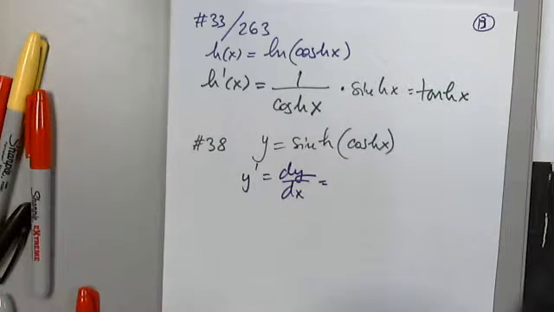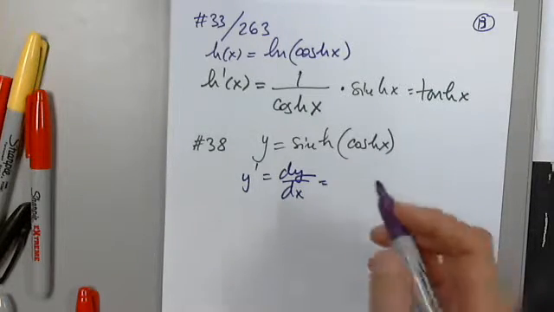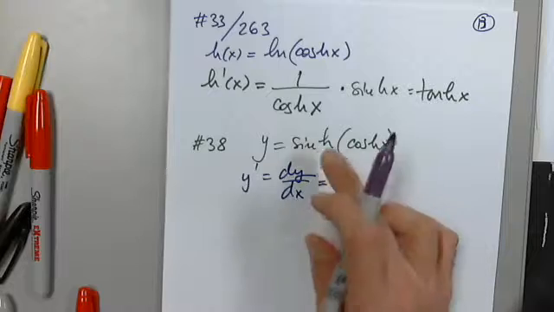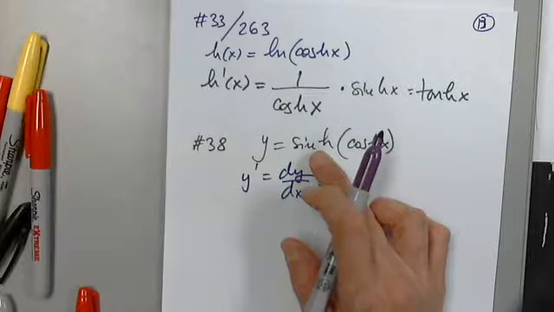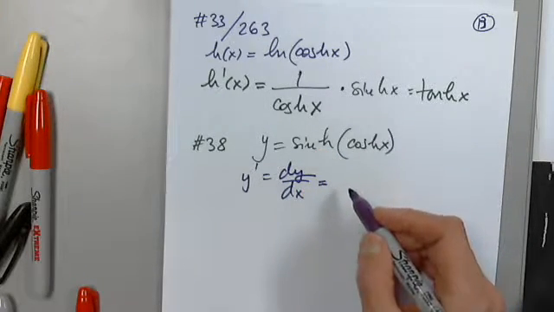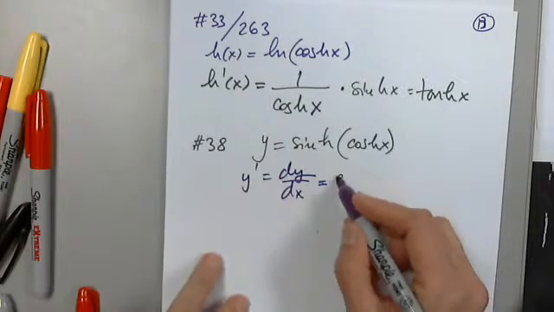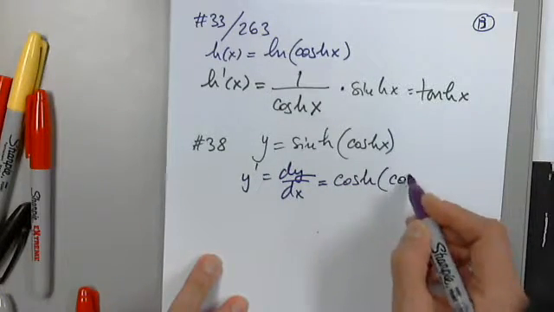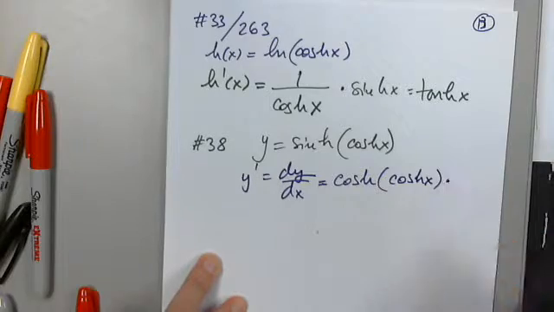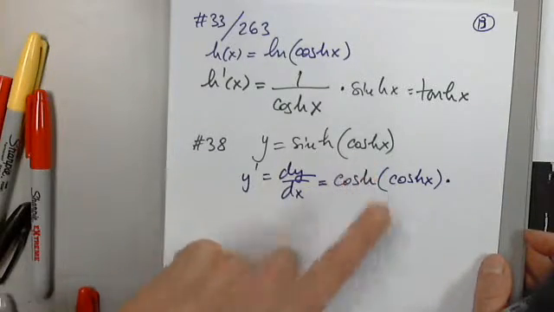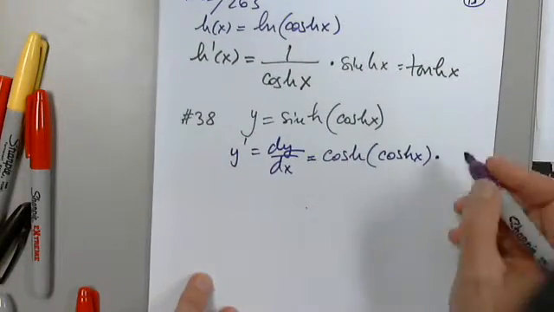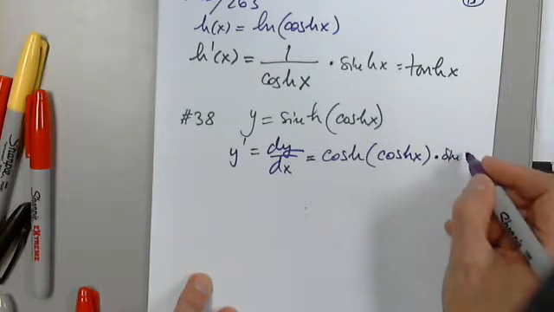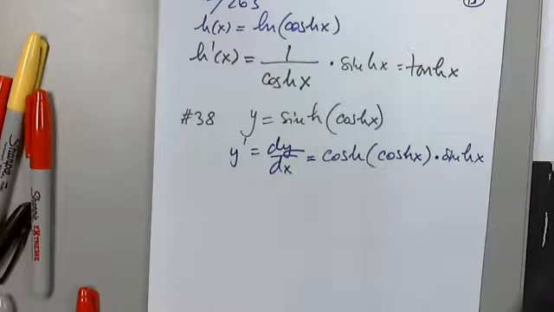We differentiate the outer function first, and we get hyperbolic cosine of hyperbolic cosine times the inner function prime, which is hyperbolic sine. That's it. Should we look at one more? Very good. Let's say 34.